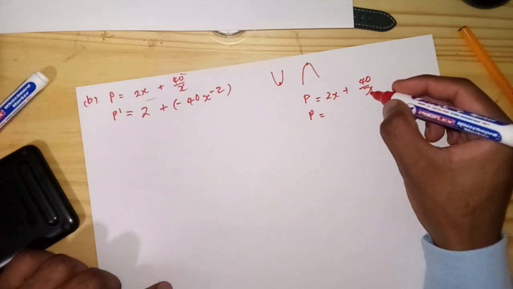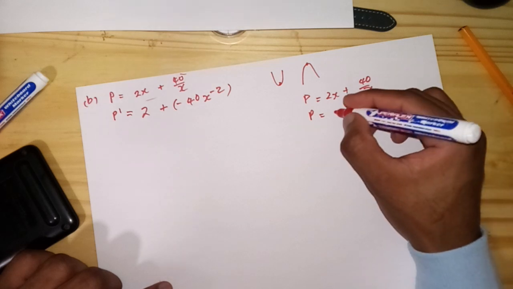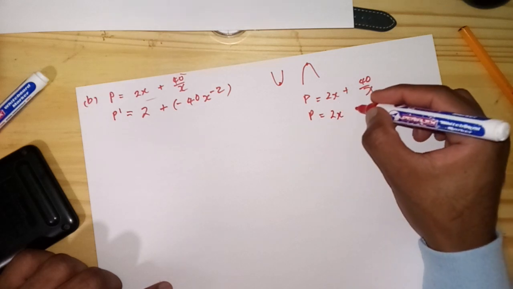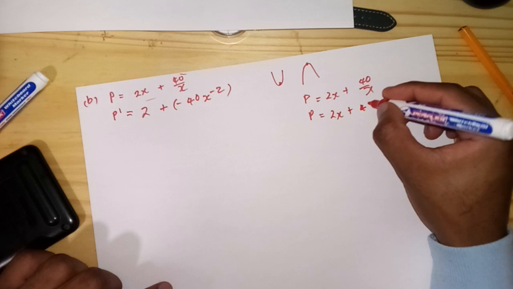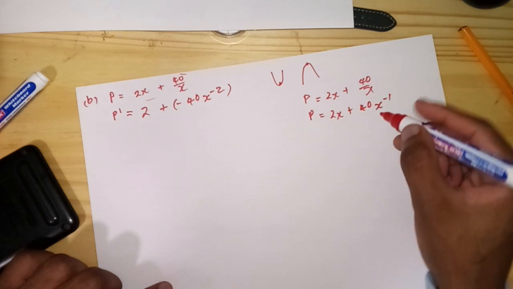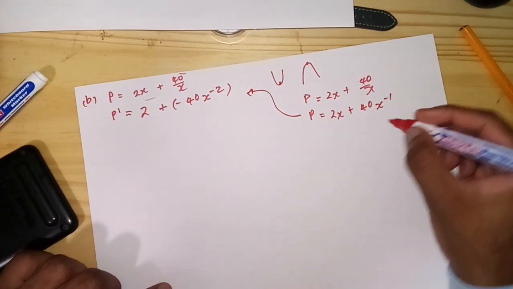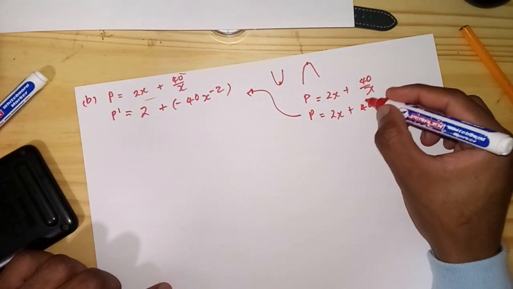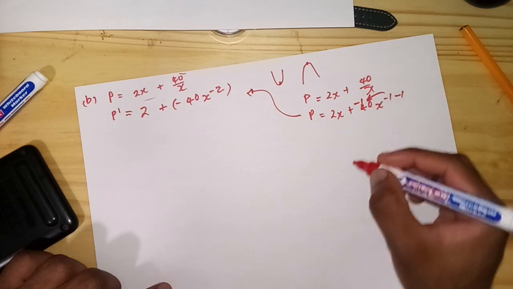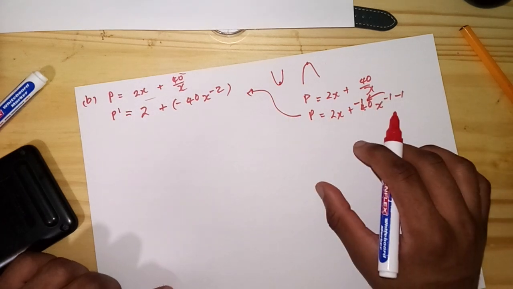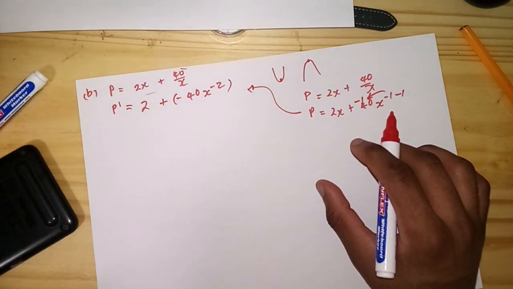Don't write it with the variable being an inverse. Say 2x plus 40 multiplied by x to the power minus 1, because then it makes it very simple for you to come into this direction, come and say minus this, multiply this by minus 1. So it makes the rest of the operation very simple. Just take that into consideration.